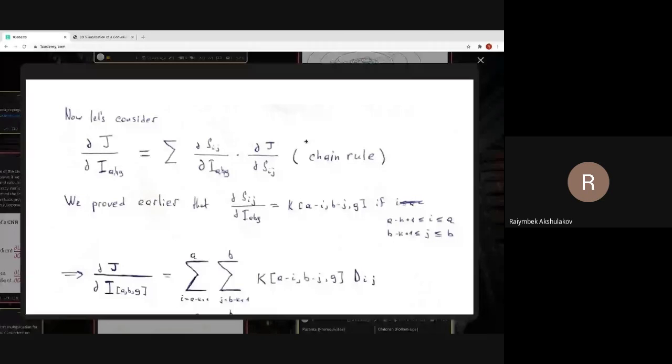So now we can take our favorite chain rule that works for the backpropagation for the input.